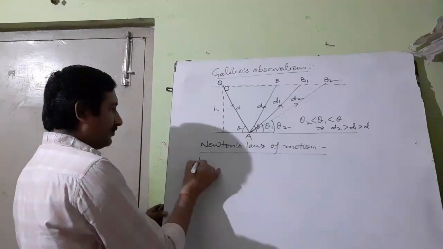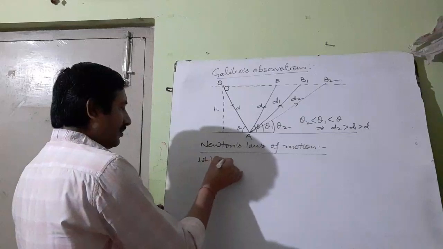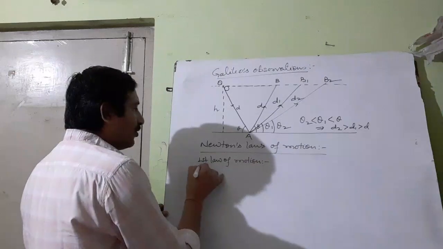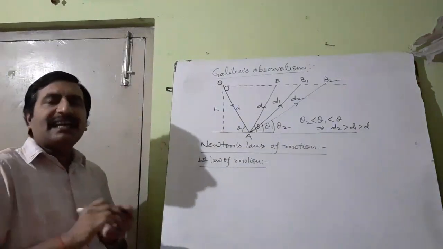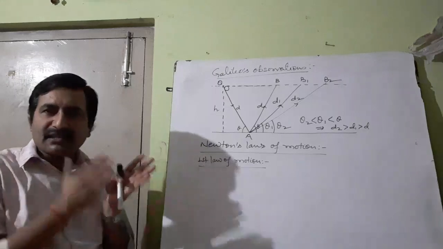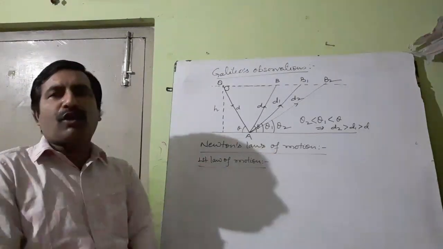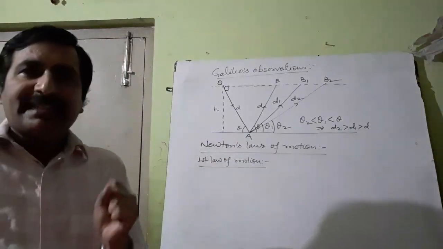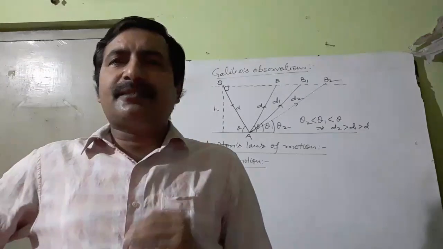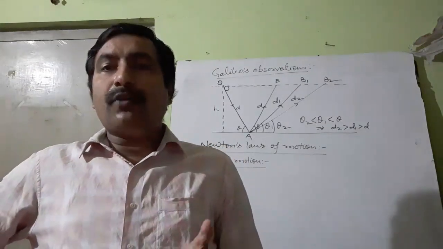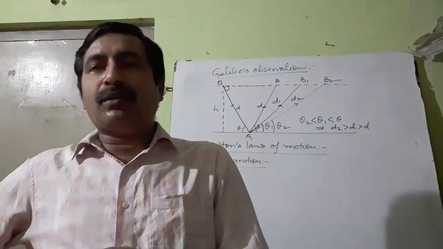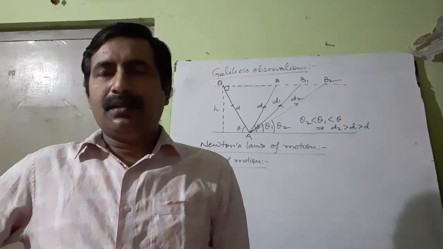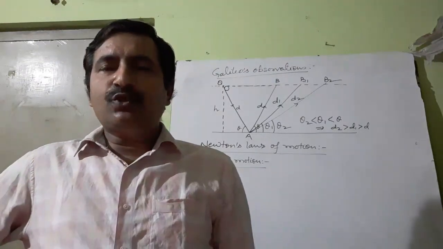The first law of motion is somehow Galileo's law of motion. You see, what is this? In the first law of motion, Newton said that every body continues its present state of rest or of uniform motion unless an external force is applied on the body to change its state.